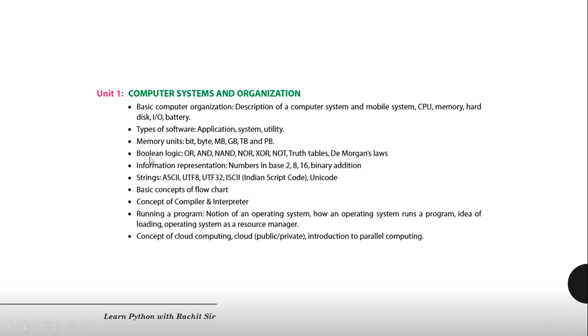Next chapter will be Boolean logic, in which you will study about the gates OR, AND, NAND, NOR, XOR, NOT and truth tables. Then De Morgan's law. Next chapter will be information representation, in which you will study numbers in base 2, 8, 16 and binary addition.